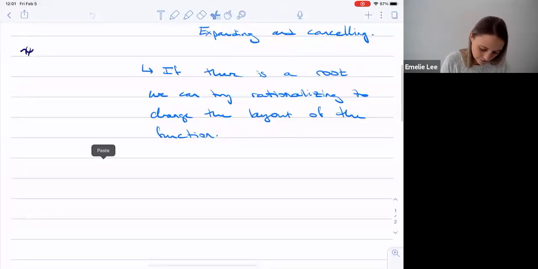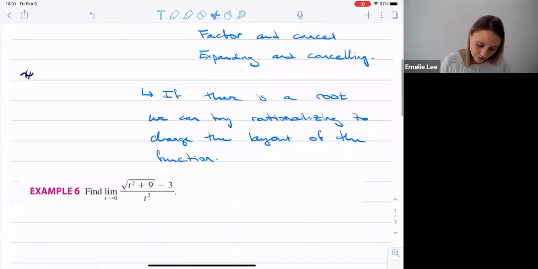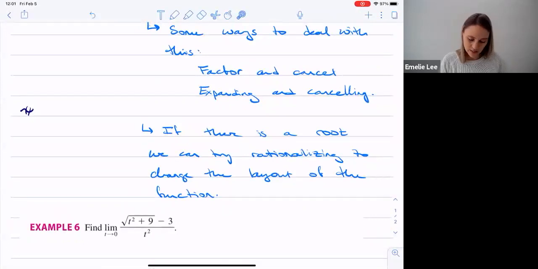So here, if I do example 6, going through that list that we just established, can I factor out a t squared? Notice I want to find the limit as t goes to 0, but I've got just t squared in the denominator, so 0 squared is just 0.